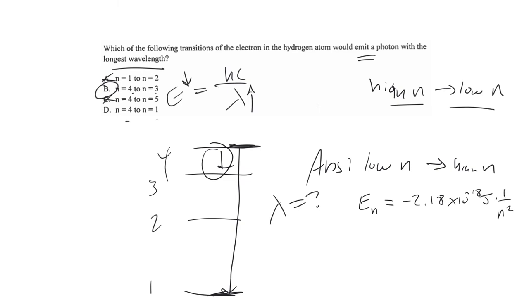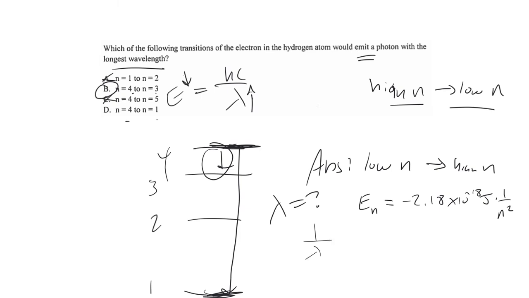I like to use 2.179 to get an extra sig fig. What we would do is calculate how much energy hydrogen loses from 4 to 1, and that's the energy gained by the photon. Kind of like a system surroundings problem.